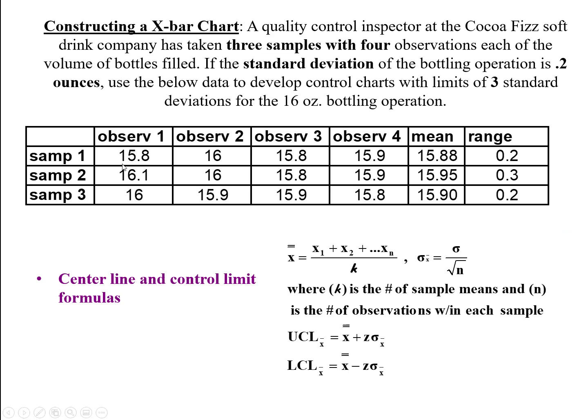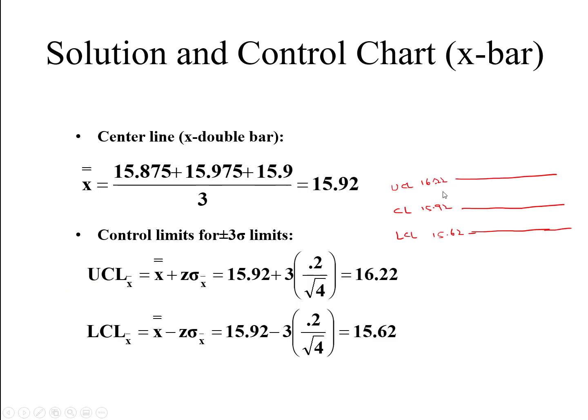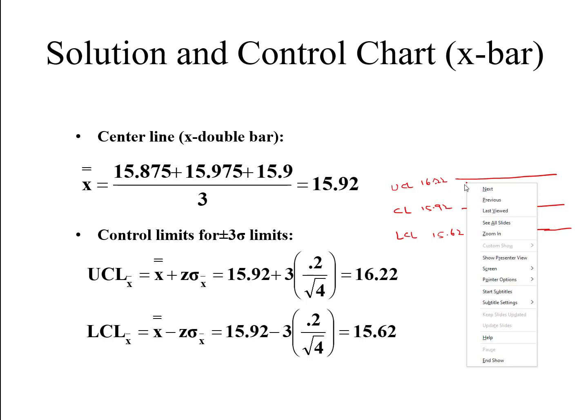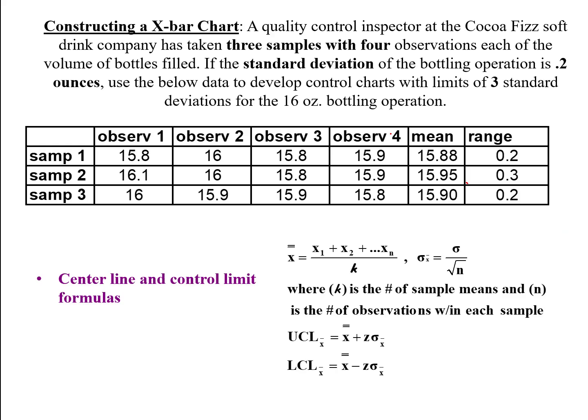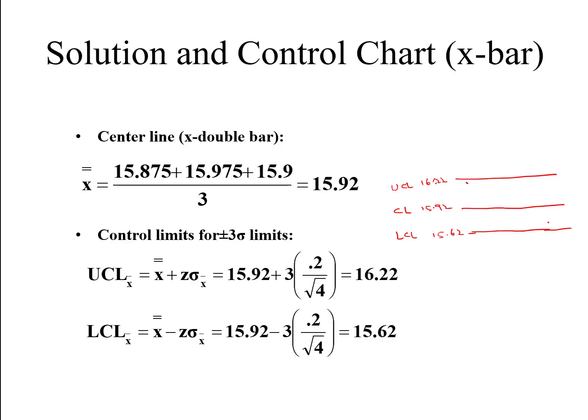If you look at these observations, 15.8 is the lowest among all and 16.1 is the highest. So 16.1 will lie over there, and 15.88, the lowest one among all these observations, will lie over there.